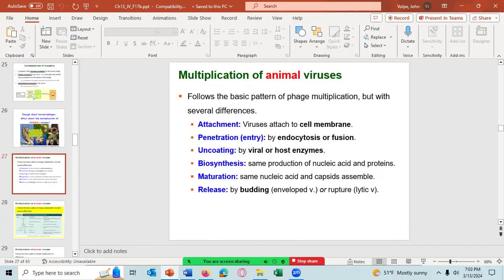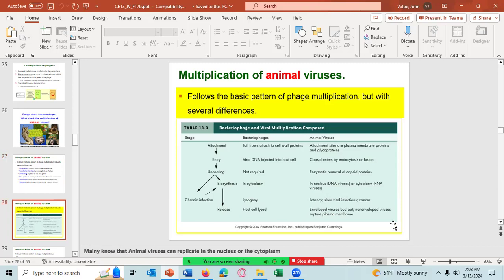All right, animal viruses generally multiply the same as bacteria viruses. There are some differences. The main difference is simply that animal viruses may replicate in the cytoplasm, which is where bacteria viruses replicate, but animal viruses may also replicate in the nucleus. As a rule of thumb, a DNA animal virus will replicate in the nucleus.